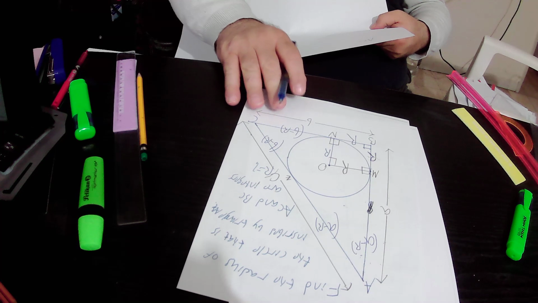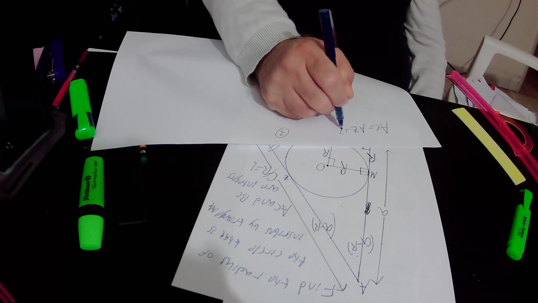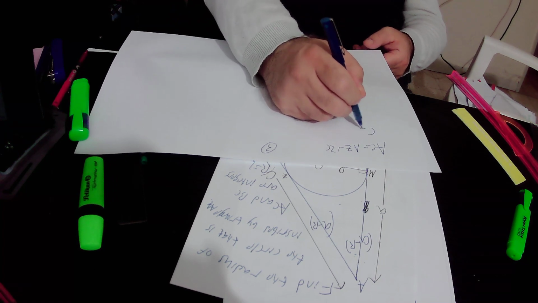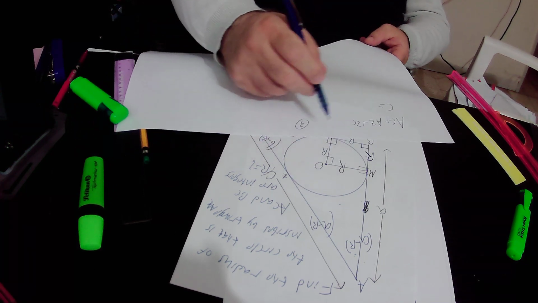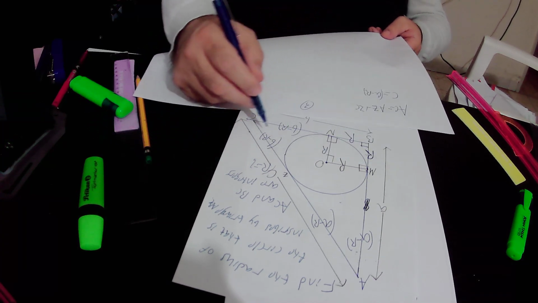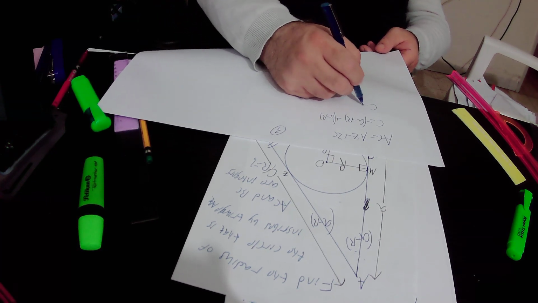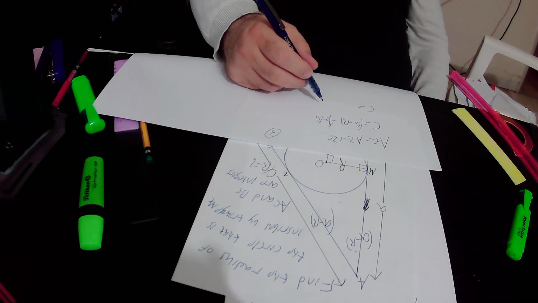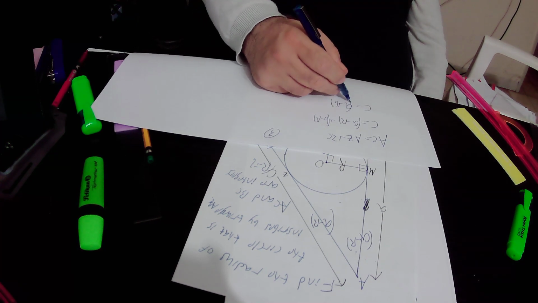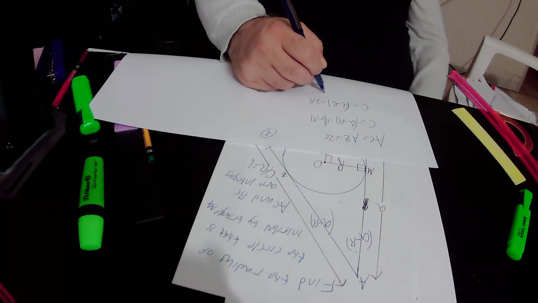AC equals C according to our definition, so we substitute AC by C. AZ equals A minus R, while ZC equals B minus R. So we found that C equals A minus R plus B minus R. That is to say, C equals A plus B minus 2R.